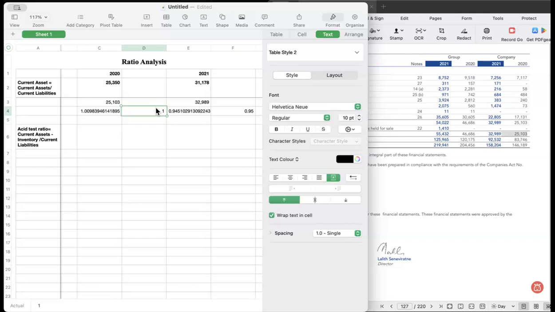So this is the analysis. And then you can give certain recommendations or suggestions on how to improve that ratio under recommendations, okay? So this is current asset ratio. Now we're moving on to the acid test ratio, and for the acid test ratio, we're going to use the same information, but we are going to add one more piece of information, which is we're going to take the inventory out.